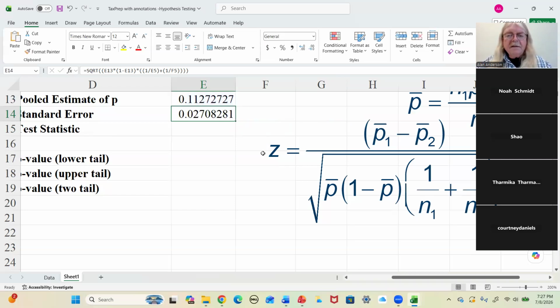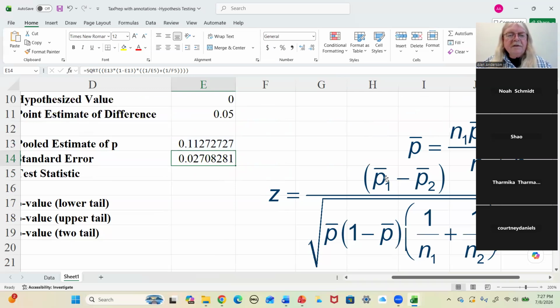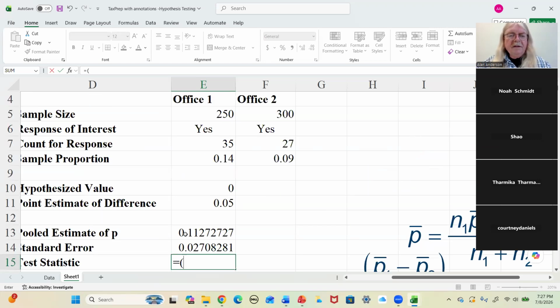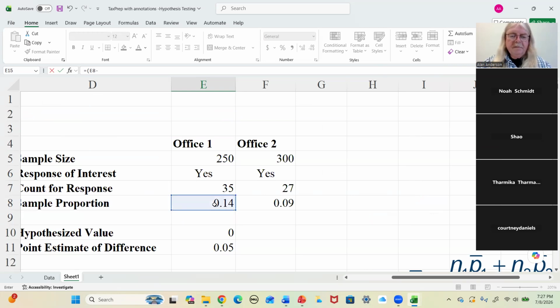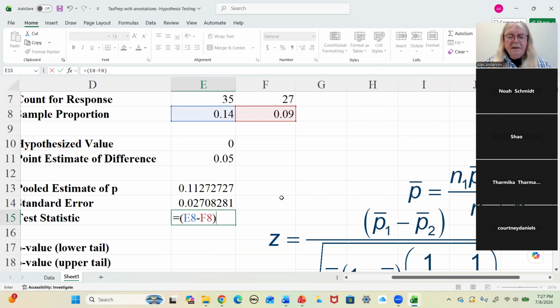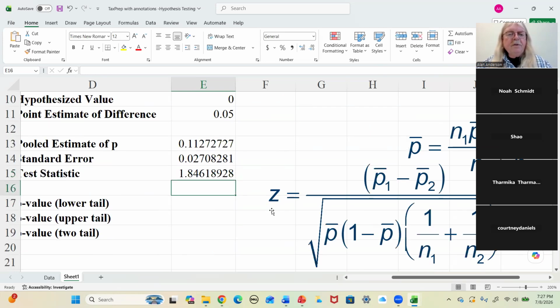And then the test statistic is the numerator is very simply P1 bar minus P2 bar, simply divided by the standard error. And yeah, that's what we got.